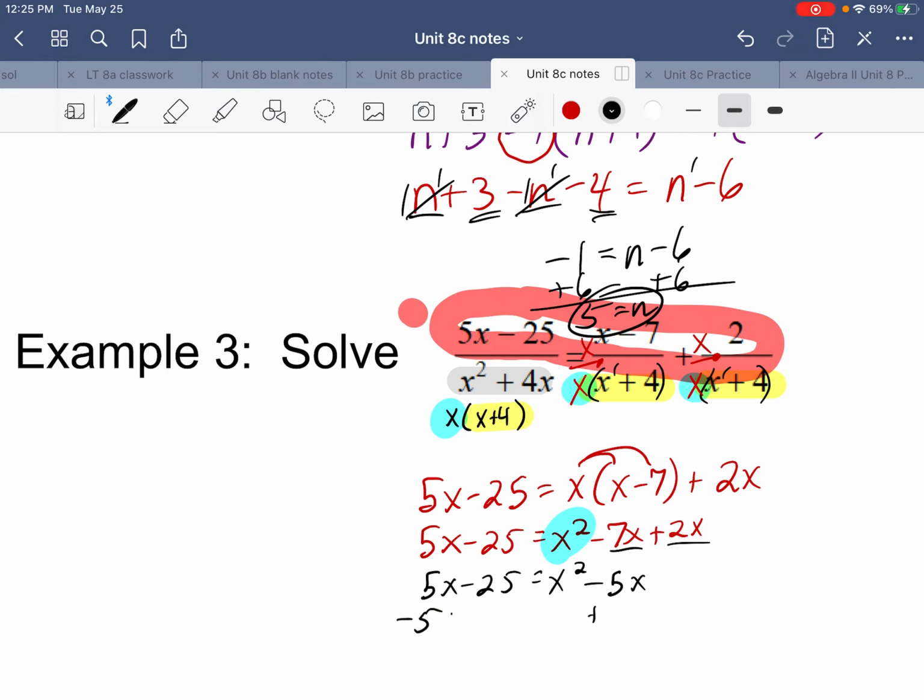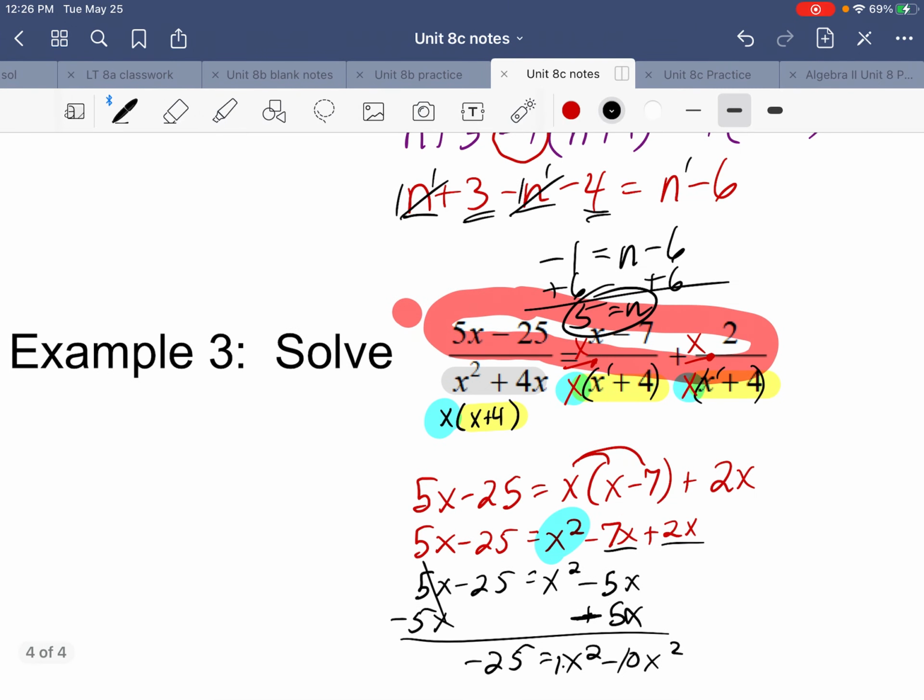Let's subtract 5x. I'm moving every term to the x squared side because x squared is positive. It's a positive a. I'm always going to try to keep the leading coefficient, leading term, positive. Much easier to work with if you can keep it positive.